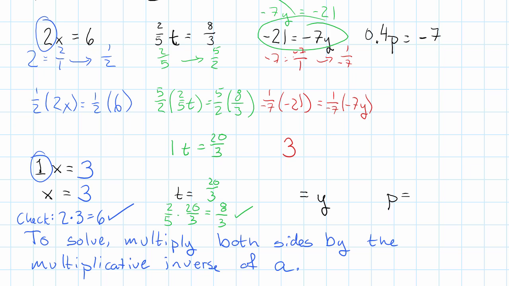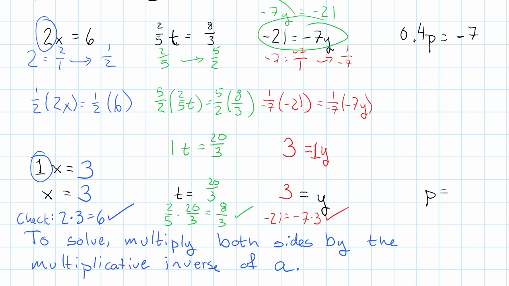Remember, 1 over -7 is a negative number. And that'll be equal to 1 over -7 times -7 is just 1. So that's 1y. I get 3 equals y, which means the same as y equals 3. Checking. -21 equals -7 times 3. Yes, that checks out.